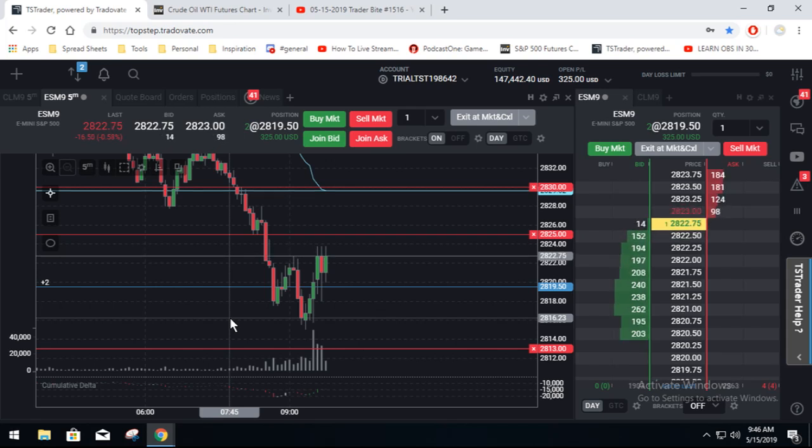Market does what it wants. Cannot control the market. Your one and two contracts on a mini does not affect the market.